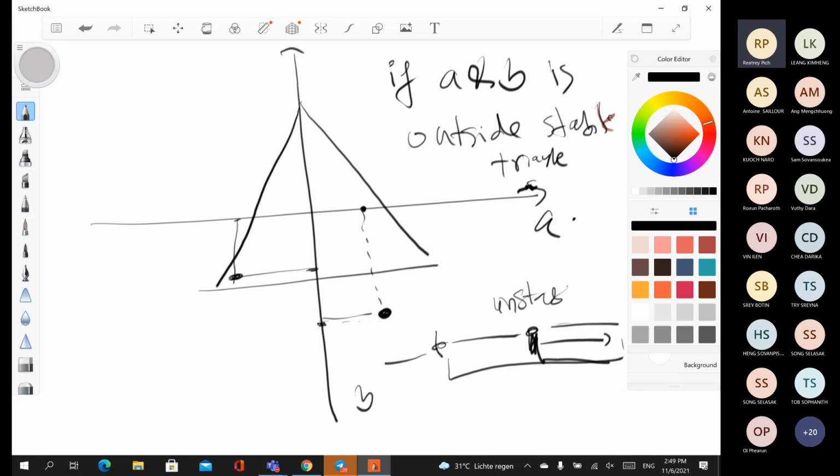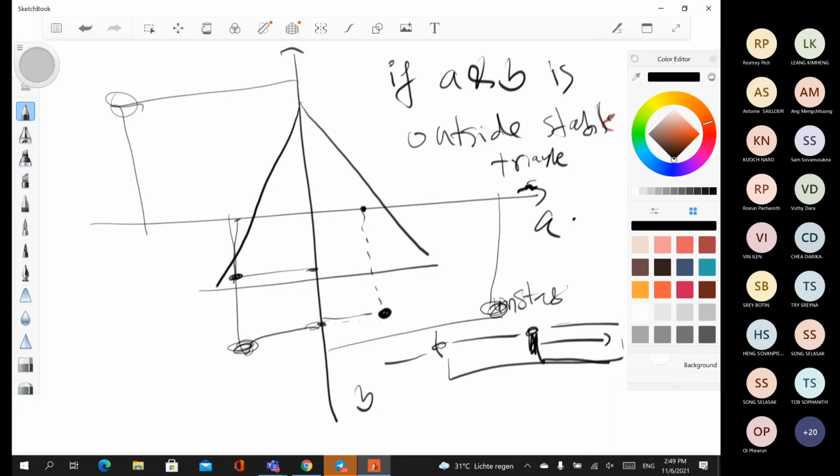Why? If A and B are outside the stable triangle, it is 100% unstable. So we can build something like this. You see, 100% unstable. Add all the values where A and B are outside the stable triangle. This is the way that we can apply it.